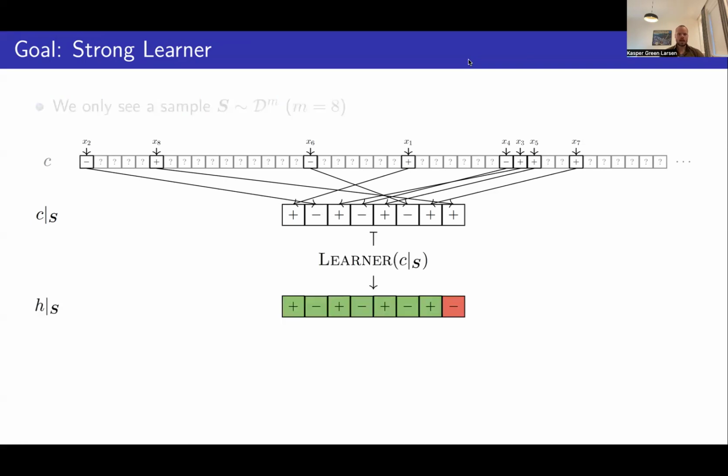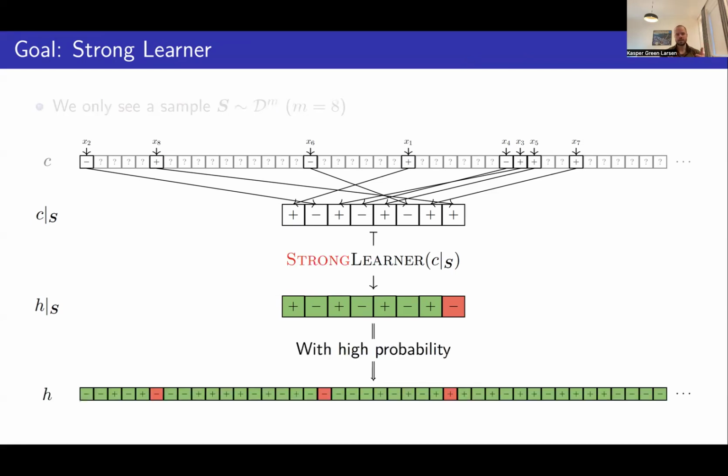Then we try to run some kind of learning algorithm on this labeled training data set to produce a hypothesis H. We can look at how this hypothesis, or classifier, H performs on the training data set. Presumably we were trying to find a classifier that labels most of the data correctly.